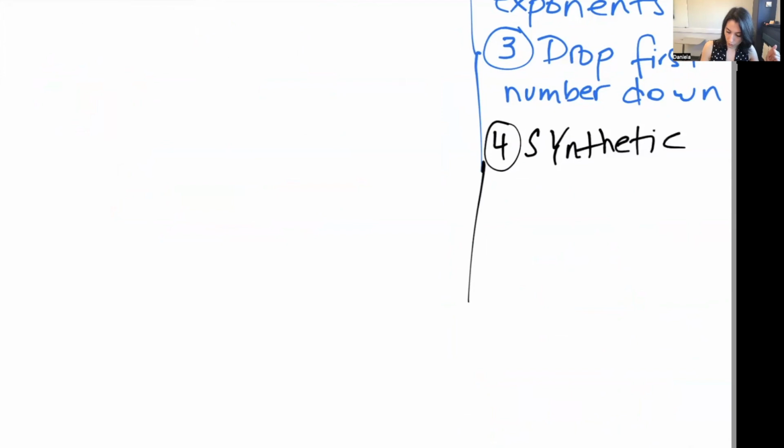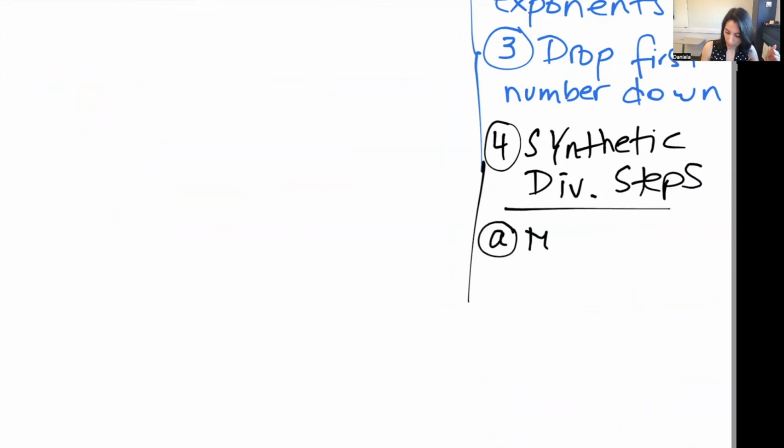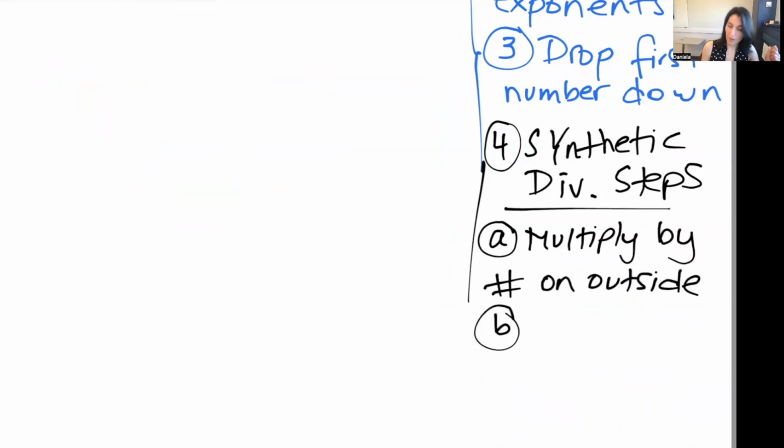Okay, so we're going to actually start the synthetic division. I'm abbreviating here. Here are the actual steps. You're going to multiply by the number on the outside, and then instead of subtracting like in long division, you're actually going to be adding down.